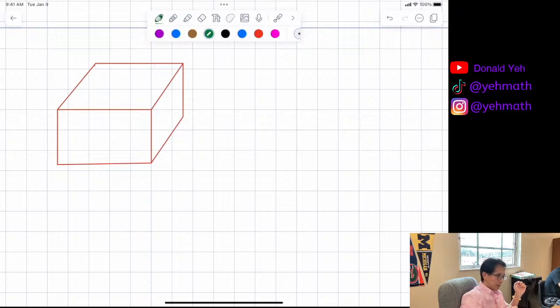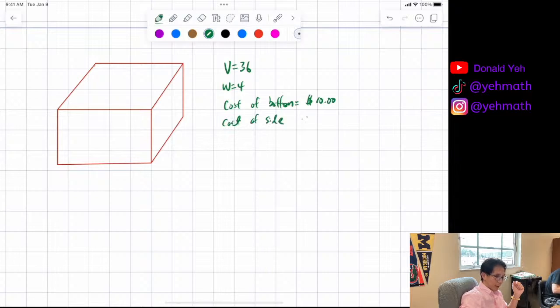I hear that they say volume is equal to 36, and they say the width is 4, right? Yeah, width is equal to 4. The cost of the bottom is equal to $10, as opposed to the cost of the side, which is equal to $5.